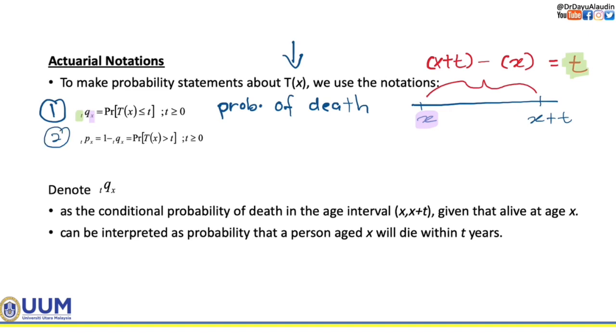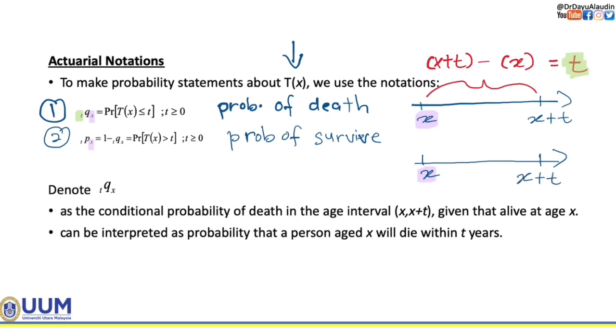Second one, tpx. tpx is the probability of survival of an individual at age X. So if we draw the timeline, X is the current age, and the future lifetime goes to X plus T. So here it becomes T years.